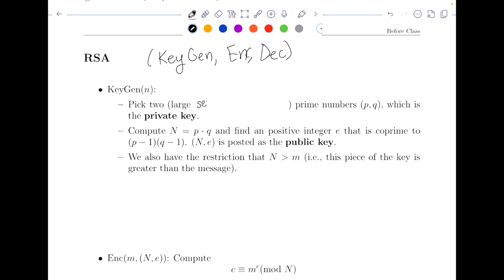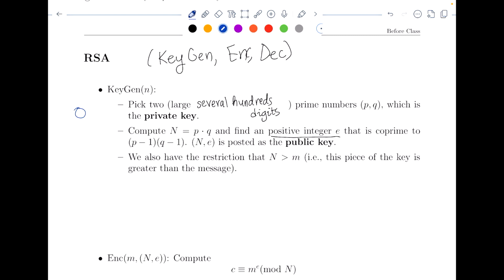And here I want to pick really large numbers, several hundreds of digits long. So when we do examples, I give you something like P is equal to 43, but here P is really large. It's hundreds of digits long. We're going to compute n is equal to P times Q, and we are going to find this positive integer e that is co-prime to P minus 1, Q minus 1.